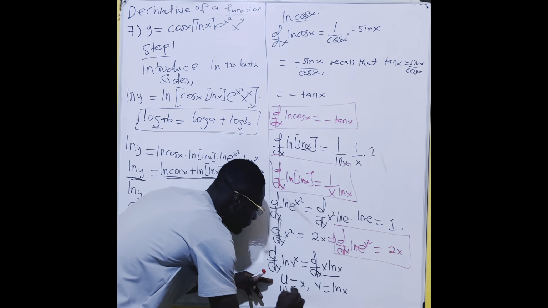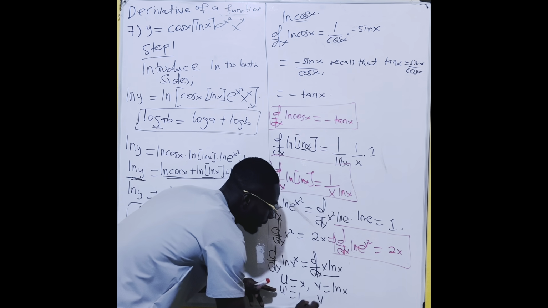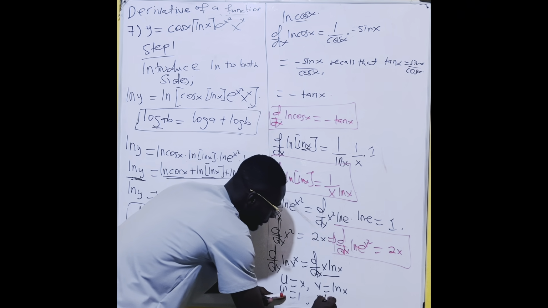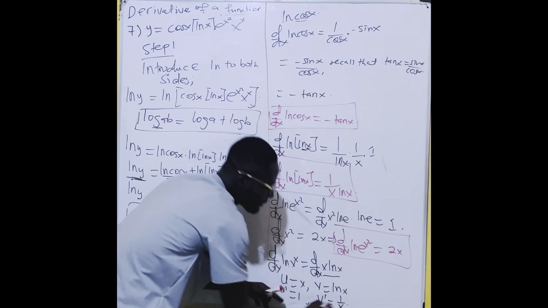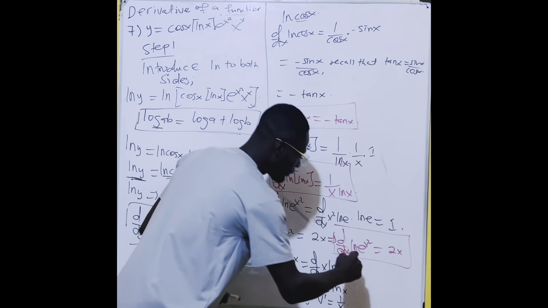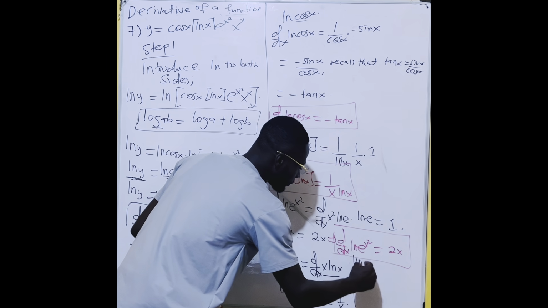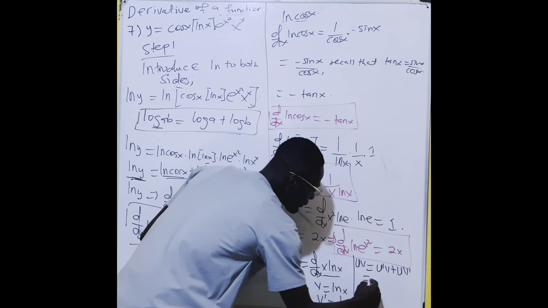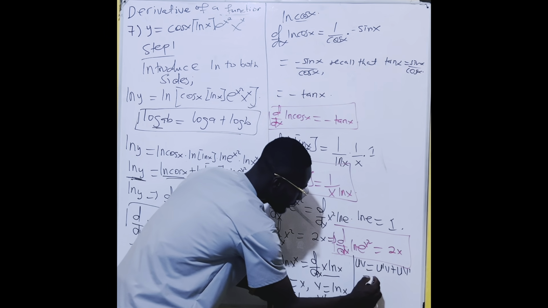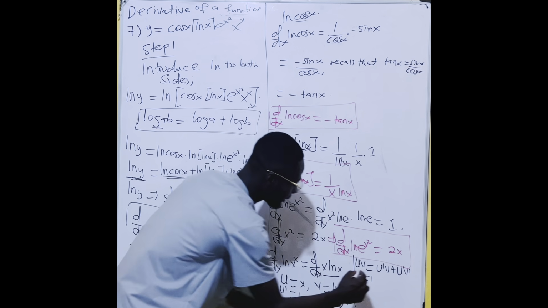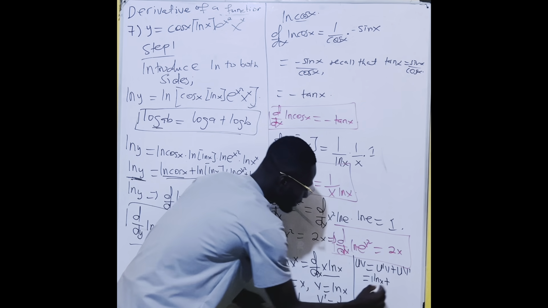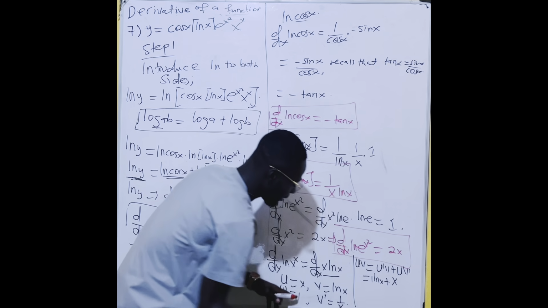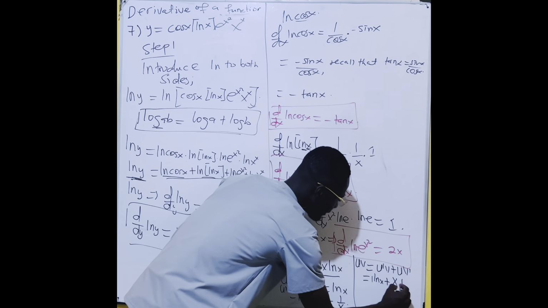So u prime will be 1, and v prime will be 1 over x, right? So if you apply the product rule, we are going to have 1, then our v is ln x, plus our u is x, and our v prime is 1 over x, right?